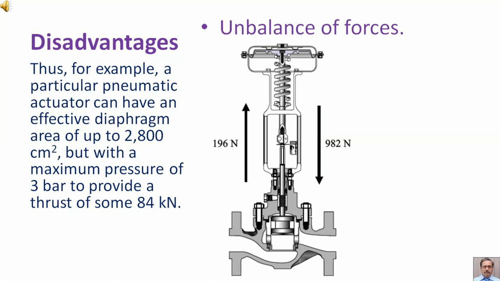Thus, for example, a particular pneumatic actuator can have an effective diaphragm area of up to 2800 cm square, but with a maximum pressure of 3 bar to provide a thrust of some 84 kN.